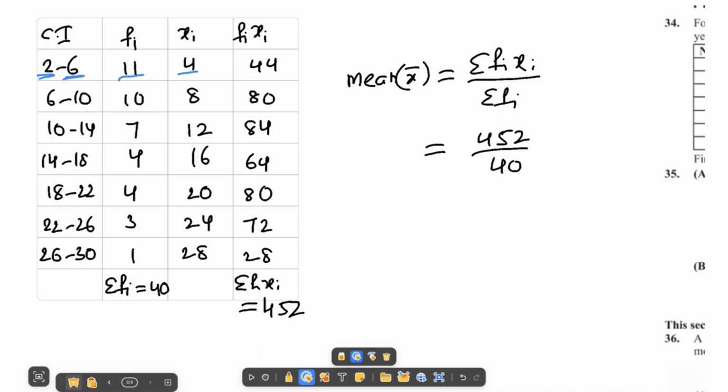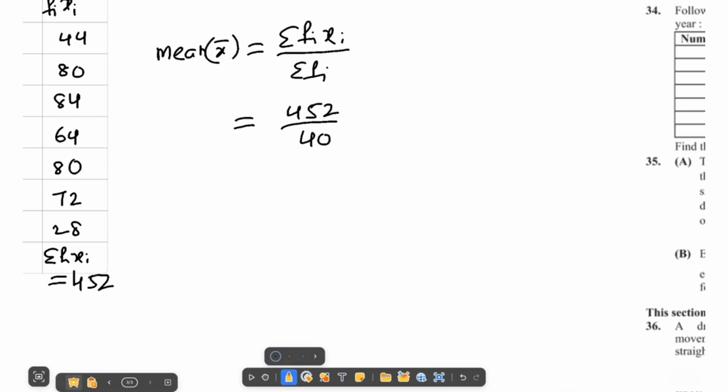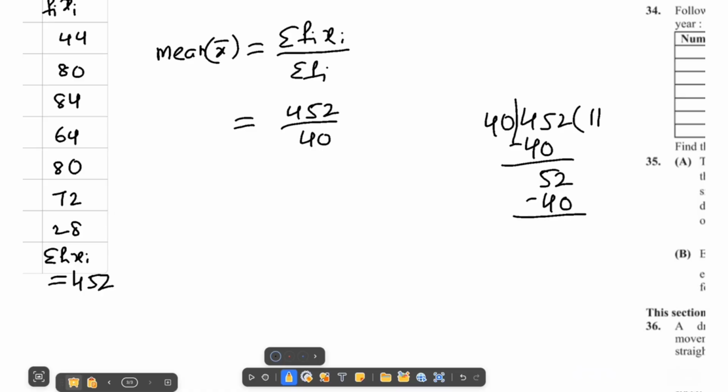Let's divide. 452 divided by 40: 40 times 11 is 440, remainder 12, we put a 0, 120, 40 times 3 is 120. So it is equal to 11.3. So 11.3 is the mean.